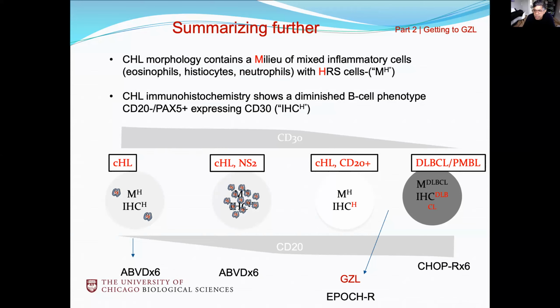And then you have your DLBCL/PMBL, which typically have the morphology and immunophenotype of diffuse large B-cell lymphomas. And then we learned about gray zone lymphomas, which are more aggressive and are better treated with a stronger regimen like EPOCH-R. So these are the 4 things that we have learned today.